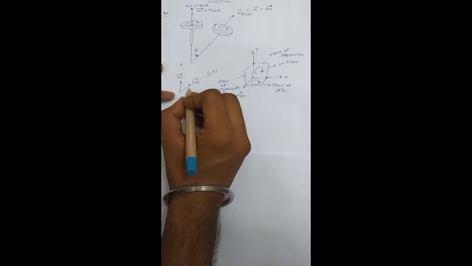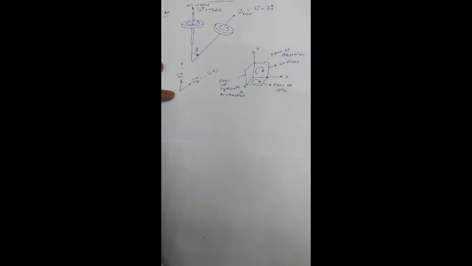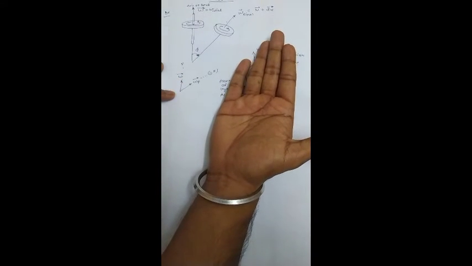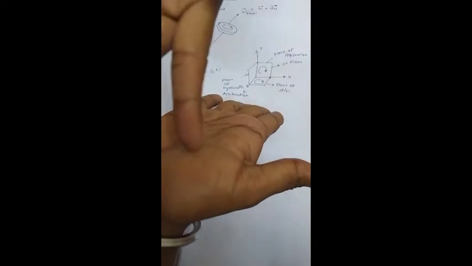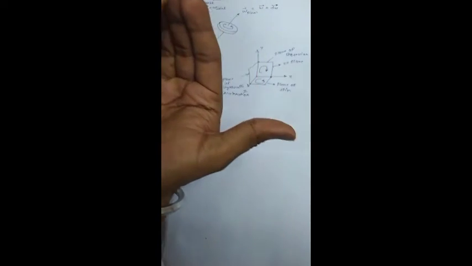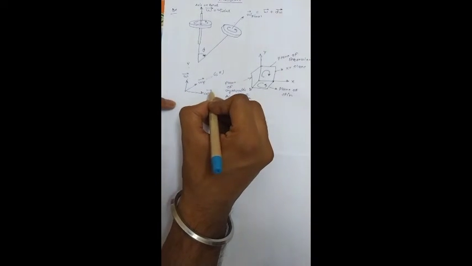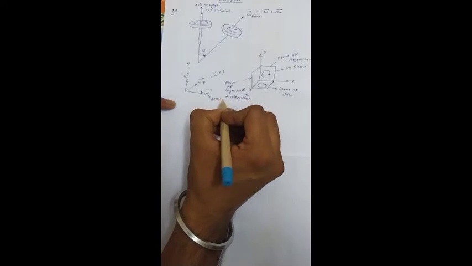Now align your fingers in the direction of the omega p vector and curl them towards the omega vector. Now I align my fingers in the negative z direction like this. Now this is the omega vector. Now curl into the direction of omega. Now the thumb will give the direction of gyroscopic acceleration.